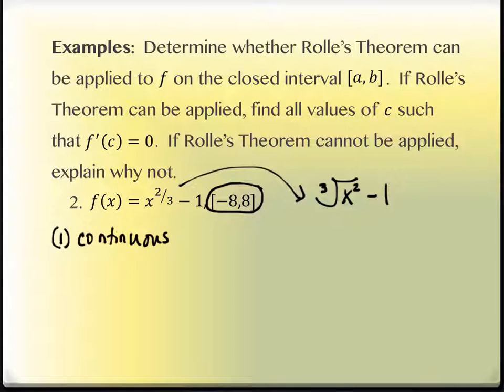So on your graph, what do you see? There's a cusp in the graph, right? So we need to make sure that we identify why it fails. This is going to fail because of that cusp. Which condition does it fail? It's not differentiable. So the continuous is fine. That's no problem. The second one, and you can just justify this with a graph, which would be a good idea, the differentiable, it fails.